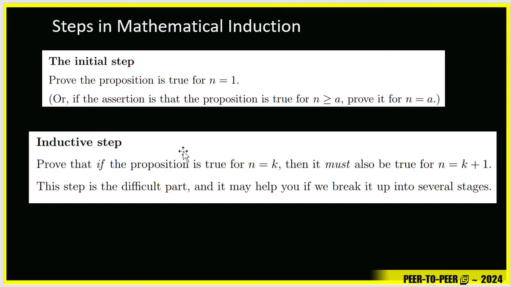If it's defined that n is equal to a certain number, let's say a, or a and above, then its base level will be a. Then you move to the next level, that's the inductive level. At that stage, you prove that if it is true for n is equal to k, then it must also be true for n is equal to k plus 1.